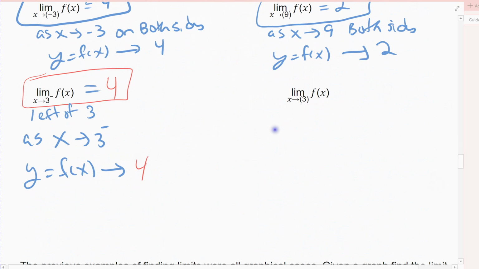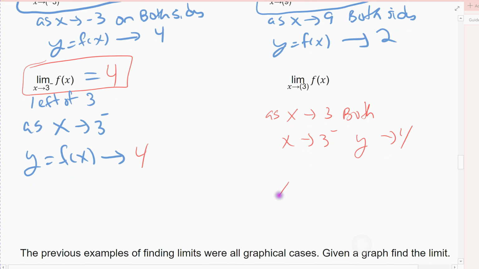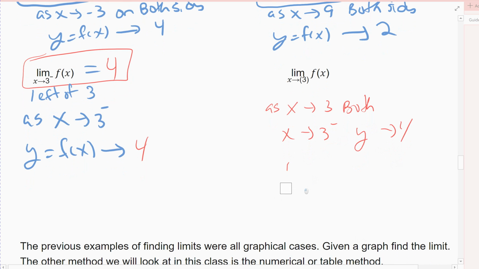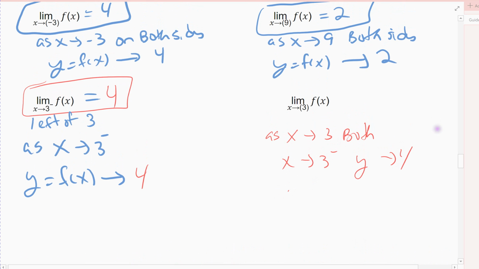All right, now 3 in general. As x approaches 3 on both sides. Well, we already know as x approaches 3 from the left, y approached 4. Well, what's happening to the right side? If you remember the picture, the right side's going to approach something different. There's a jump. Whenever there's a jump, this is going to not exist.